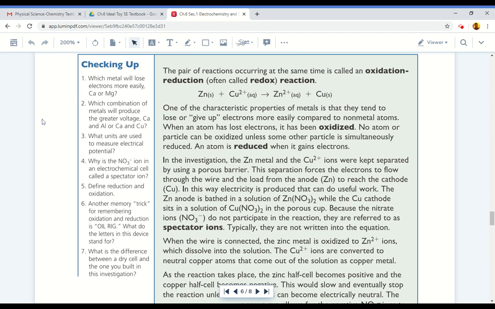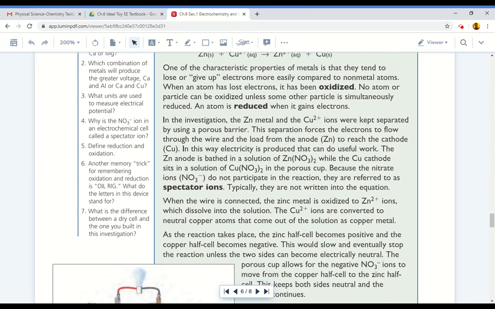One of the characteristic properties of metals is that they tend to lose or give up electrons more easily compared to nonmetal atoms. When an atom has lost electrons, it has been oxidized. No atom or particle can be oxidized unless some other particle is simultaneously reduced. An atom is reduced when it gains electrons.